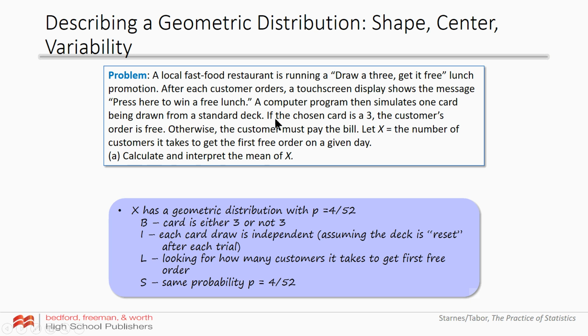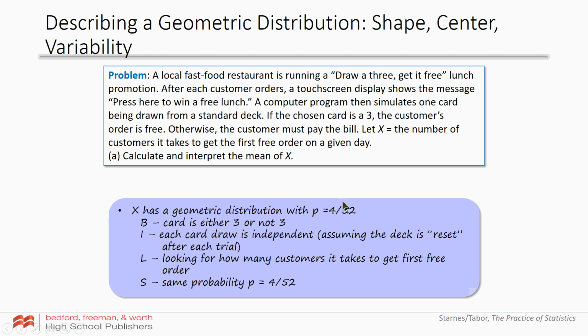We're assuming that the computer program resets itself. We're looking for how many customers it takes to get the first free order, and we have the same probability of success. There are 4 3s in the deck, and there are 52 cards in the deck. So the probability of success is 4 out of 52.